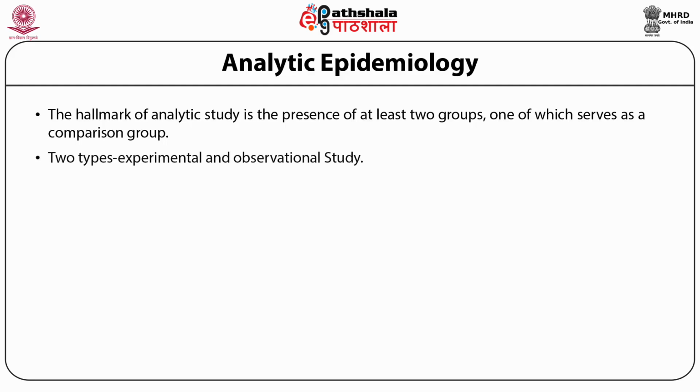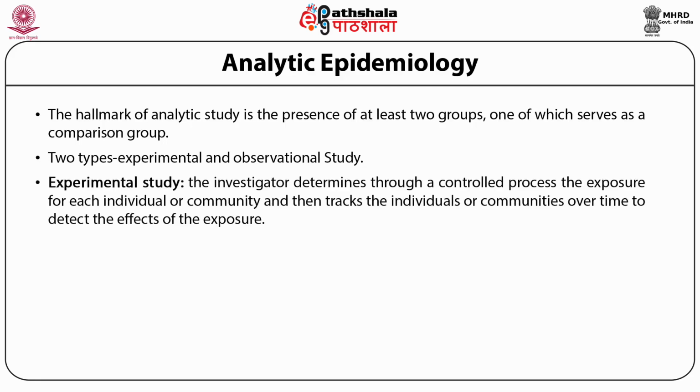There are two types of epidemiologic studies, that is, experimental and observational studies. In an experimental study, the investigator determines through a controlled process the exposure for each individual, as in a clinical trial, or community, that is, a community trial, and then tracks the individuals or communities over time to detect the effects of the exposure.